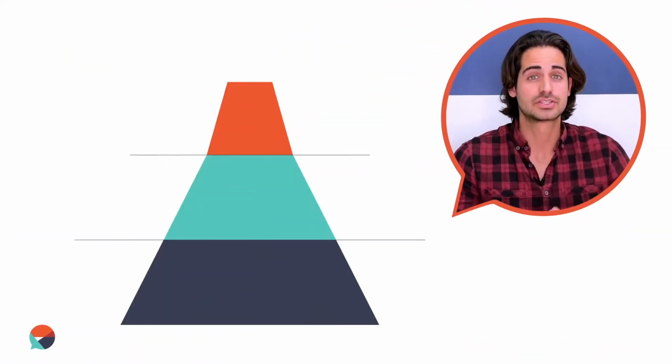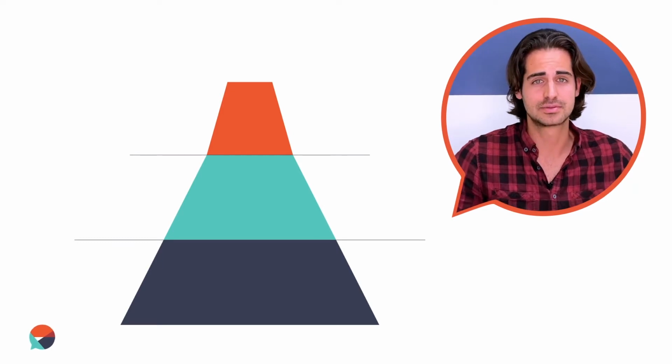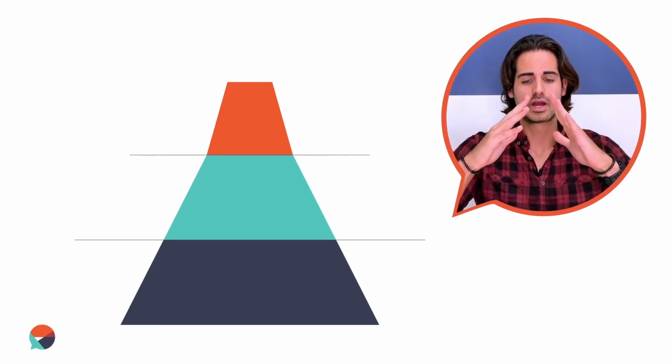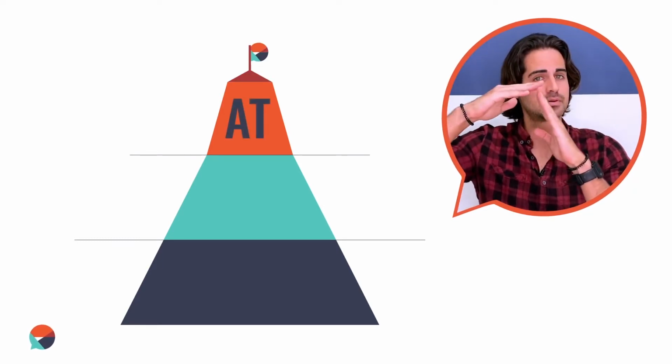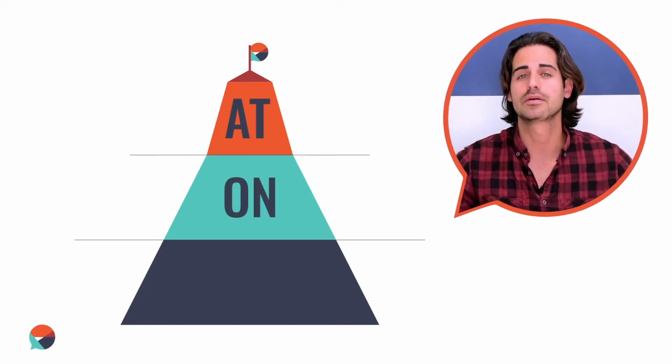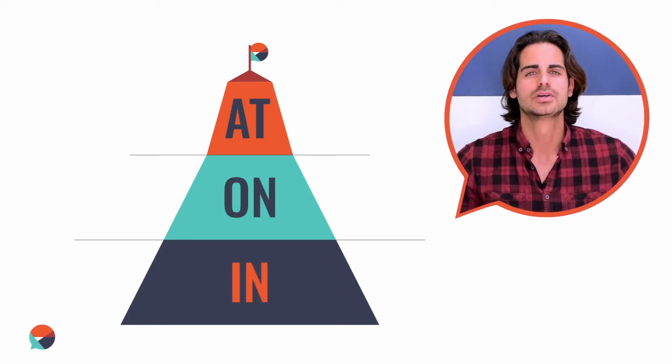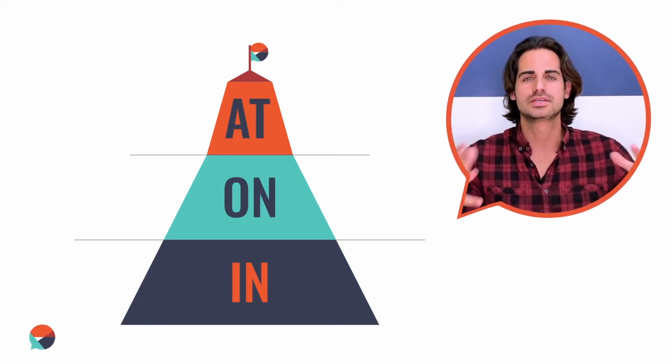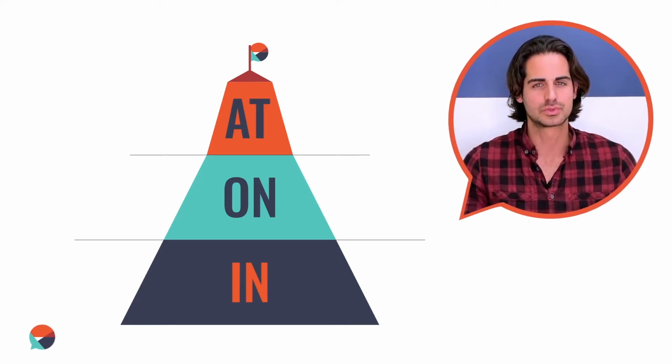Well, I don't know if you guys have seen the pyramid that's associated with in, on, and at, but we have a pyramid where at is at the very top, a little bit lower is on, and then at the very bottom is in, right? So why is it a pyramid like that with those three words?